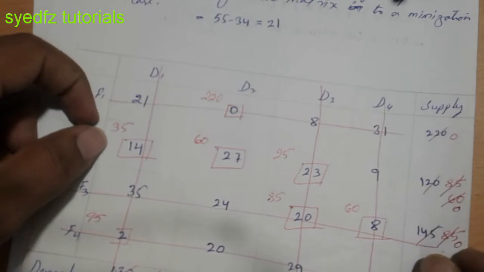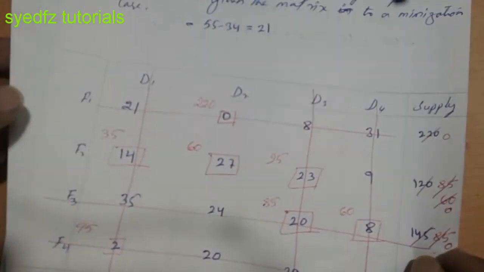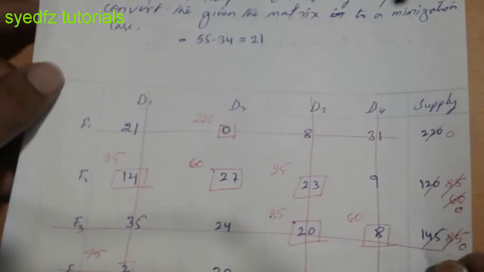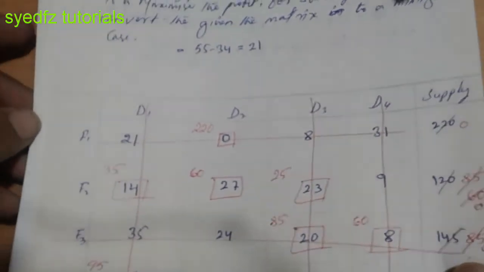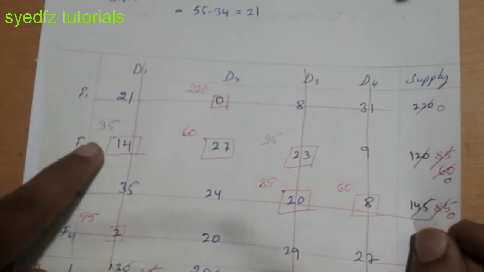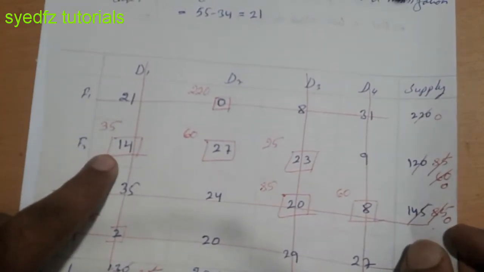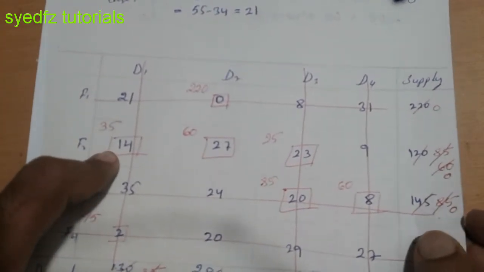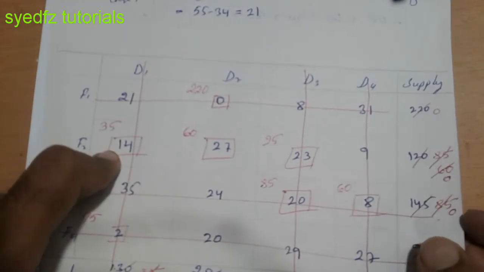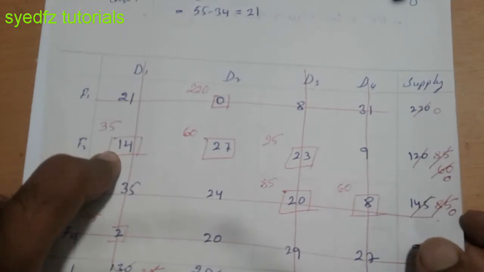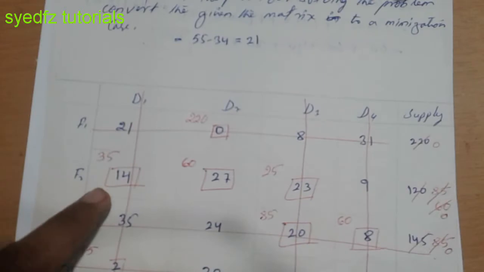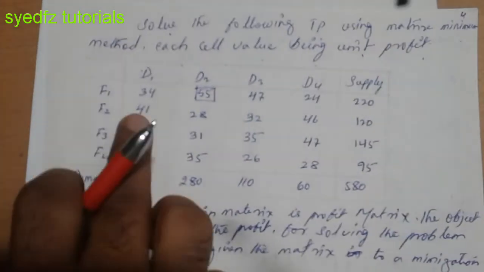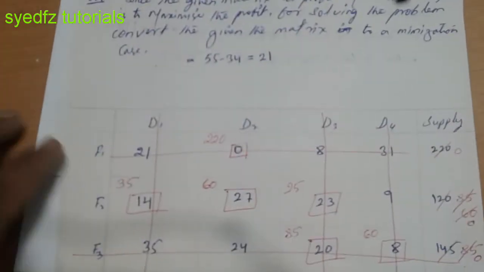The total profit, okay, let's start. 35 into 14, it's a 14 or 41. By mistake I have written here. Here is a 14, here is a 41.